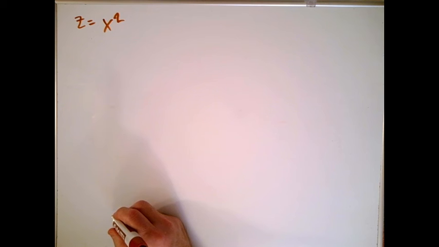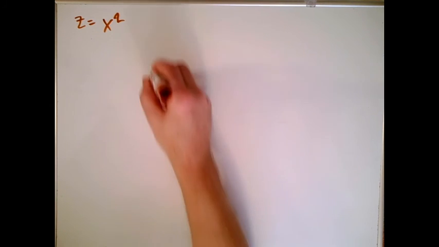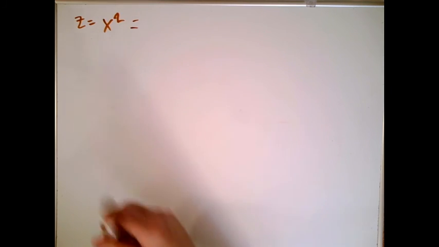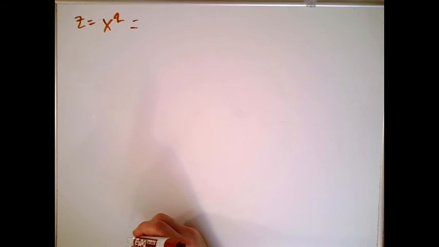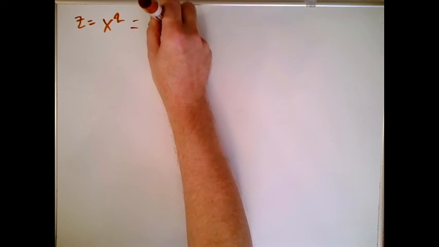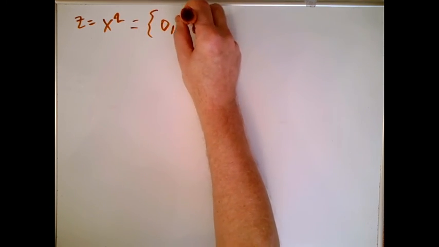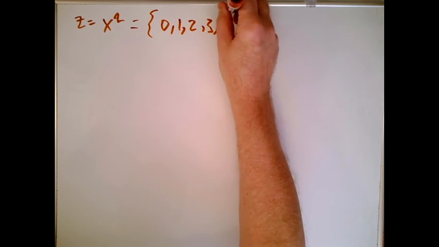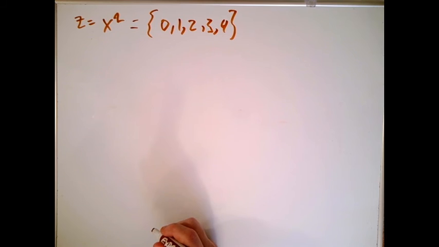What we're always supposed to do to make contour diagrams is start picking some z values that we think are appropriate. Now, I'm not going to pick any negative z values because x squared is at least 0. So how about if we just pick 0, 1, 2, 3, and 4. I think that should be fine. Now, what we're supposed to do in general is solve enough so that we can see what to draw.